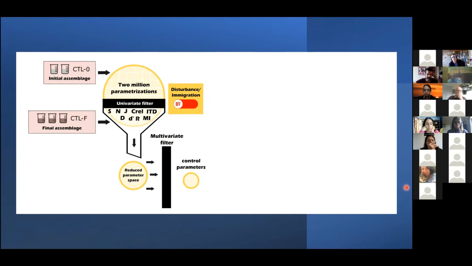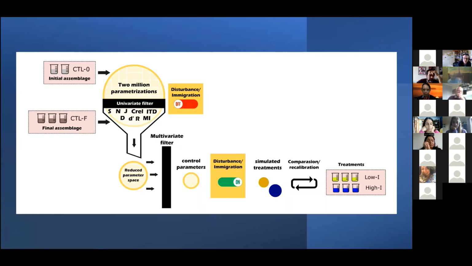The advantage of using multivariate analysis as a second filter is that it accounts for simultaneous changes occurring in species abundance while preserving species identity, and calibrating a model against multiple patterns increases the chance of capturing the internal organization of the system.